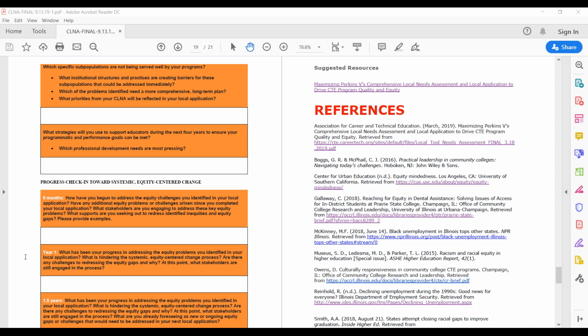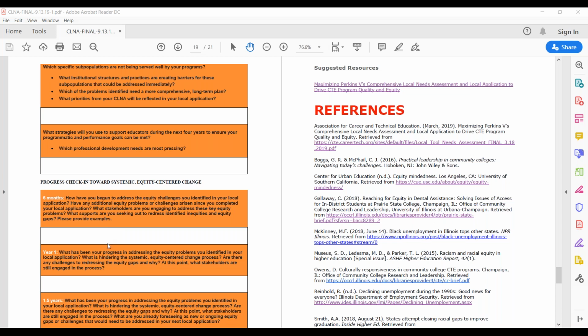So again, as this call is so helpful for people to collaborate across the state, we want to create that opportunity as well to have time for your group to work on this in a way that's facilitated by us, and then also collaborate with your colleagues from other institutions.